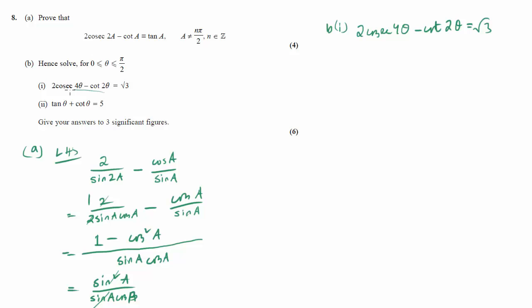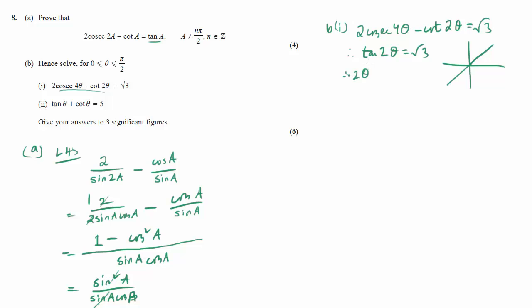So instead of this, we can write tan A, that means tan 2 theta. So we can directly write, therefore, tan 2 theta equals square root of 3, and we can solve like a trigonometric equation. It's positive, so first quadrant and third quadrant.